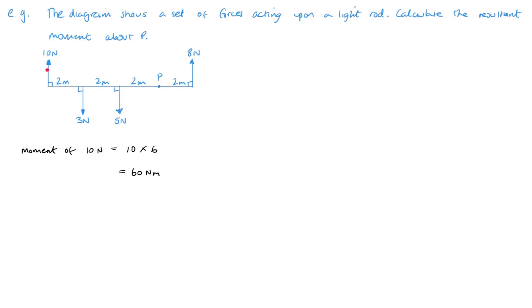And the direction it's going is around this way, which is clockwise. Now let's do the moment of the 3 Newton force. That's this one, and it's 4 meters from P. So that's 3 times 4, which is 12 Newton meters, and this is going to go around this way, so anti-clockwise.